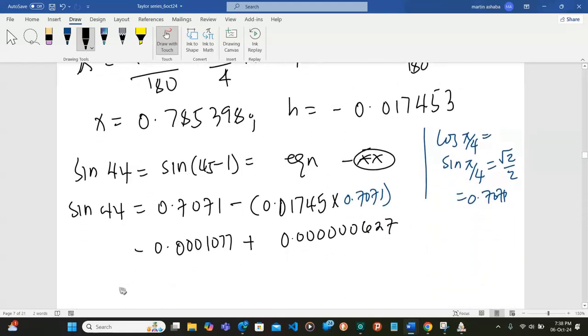So when I evaluate this, sine 44 is approximately 0.69465.